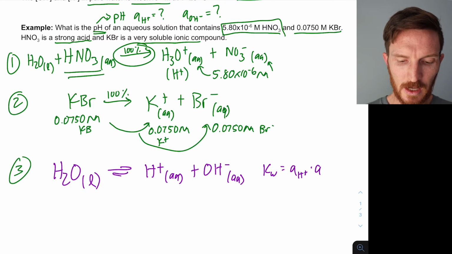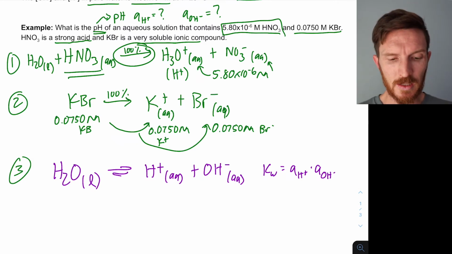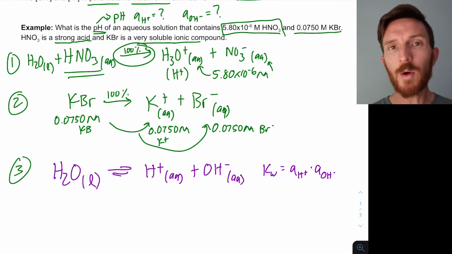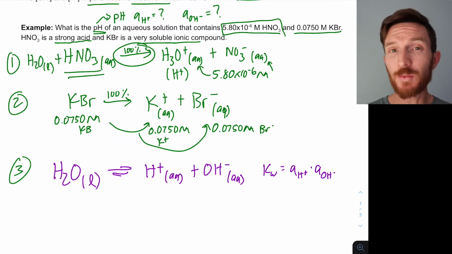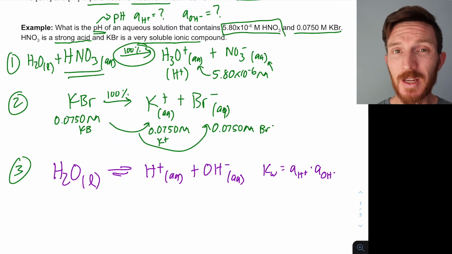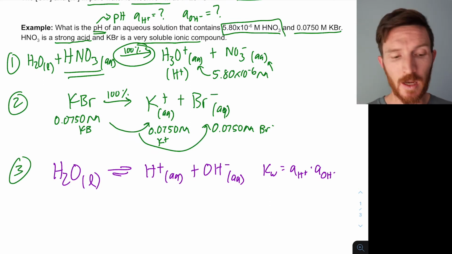And again, this is our Kw, the activity of our H plus and OH minus. So now we look at these and we want to answer a few questions. Number one, is this reaction important or significant in producing H plus ions relative to what we added in our nitric acid? That's the first question we want to ask ourselves.